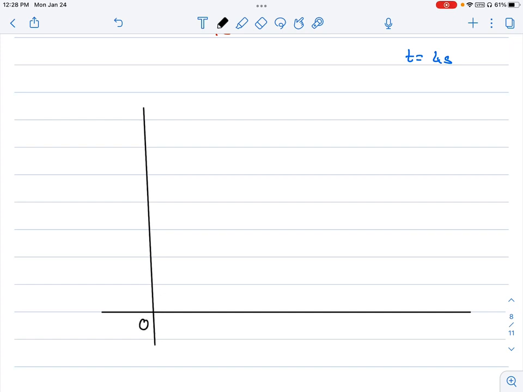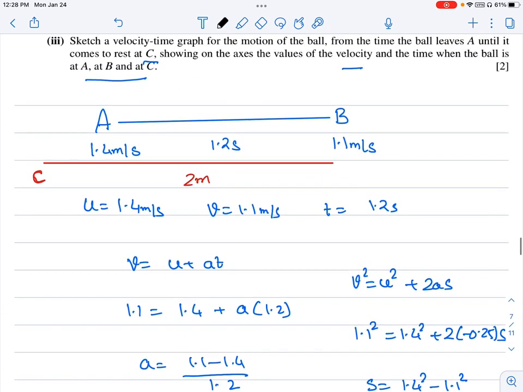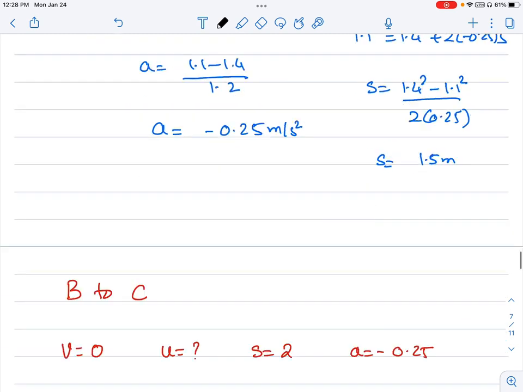Origin, time in seconds, velocity in meters per second. In the beginning we know that at A the velocity was 1.4 meter per second and it becomes 1.1 meter per second in 1.2 seconds.